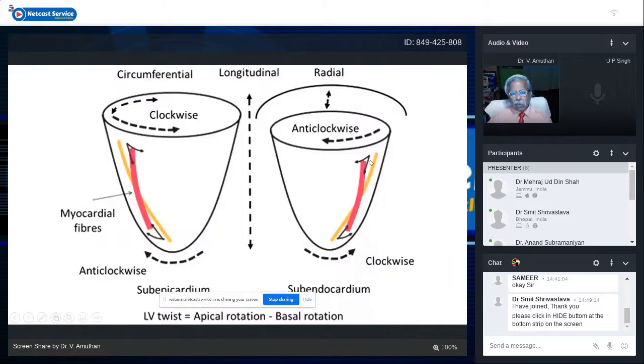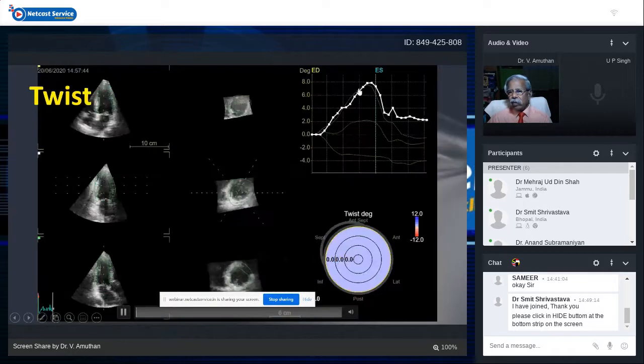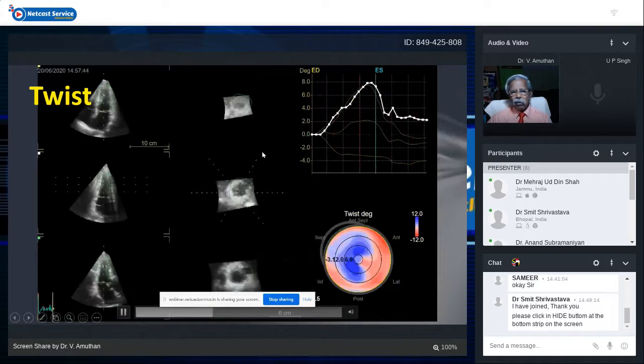You can see here, this is the clockwise rotation of the base and anti-clockwise rotation of the apex. So this is the twist, and the twist in degrees can be measured. You can see here it's around -3 to 8, so this is around 11 here, twist.